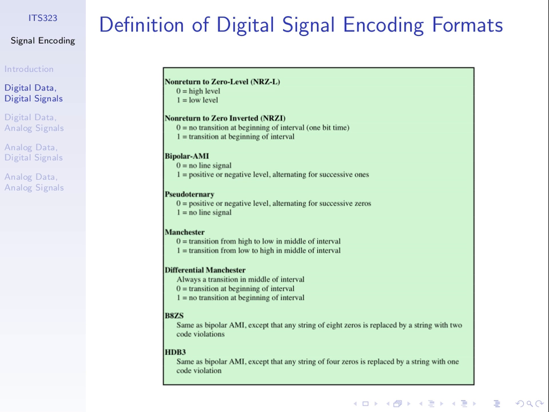One more example. There's Manchester, where when we transmit a bit 0, during the signal pulse, we change from a high to a low level. And when we transmit a bit 1, we change from a low to a high level. I'll not go through the full example. We'll go through differential Manchester.